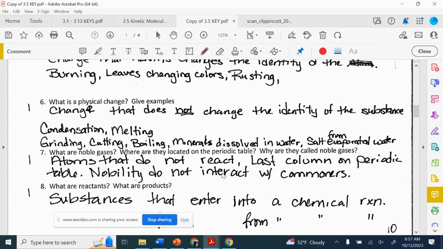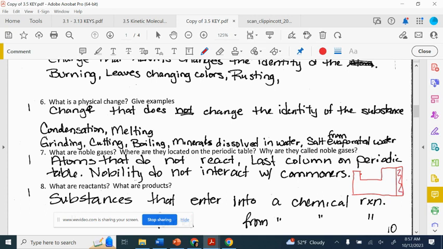So your noble gases are on your periodic table. If you look at your periodic table, you have a kind of a column here, and then it indents, and then you've got a broader set of columns over on this side. Okay. And it is this last column on your periodic table that are your noble gases. So this guy right here.